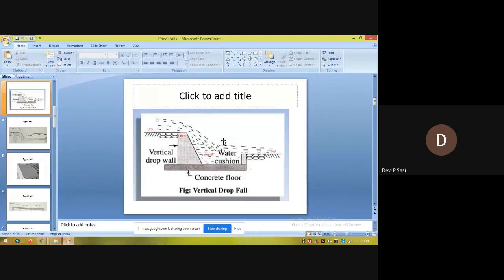The length of the cistern, LC, is given by E into HL raised to 1 by 2 into 5, and the depth of the cistern or the depression in the cistern is given by E into HL raised to 2 by 3 into 1 by 4, where E is the difference between upstream total energy line and crust level.